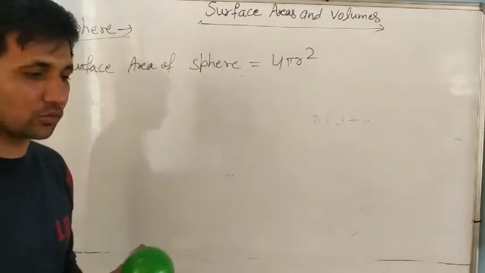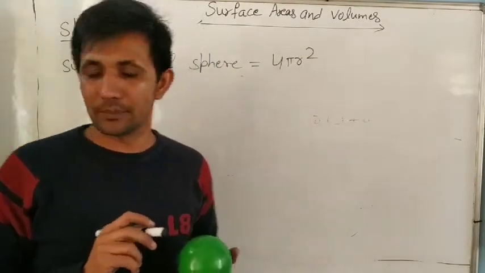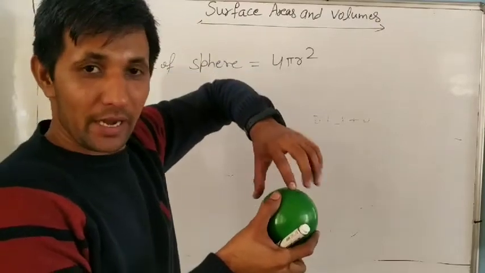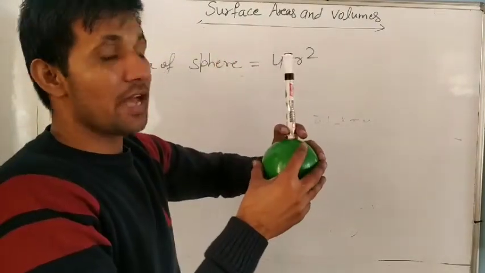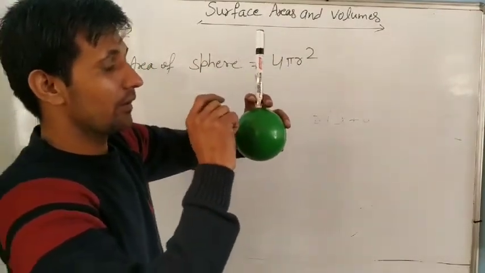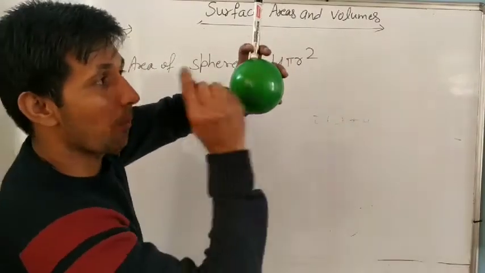Why is it pi r square? Look at this one. You can do one activity yourself. Okay, you will put a nail on the top. Suppose I put the nail on this top, and then I start to cover this sphere with rope like this one.